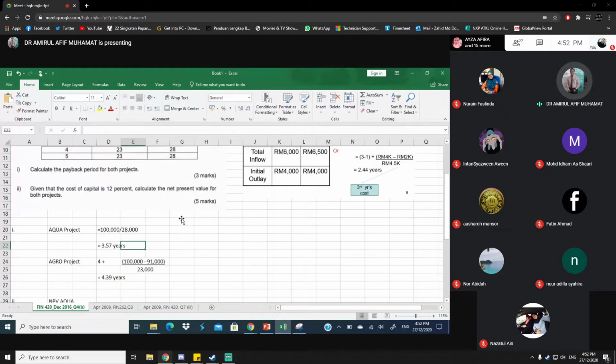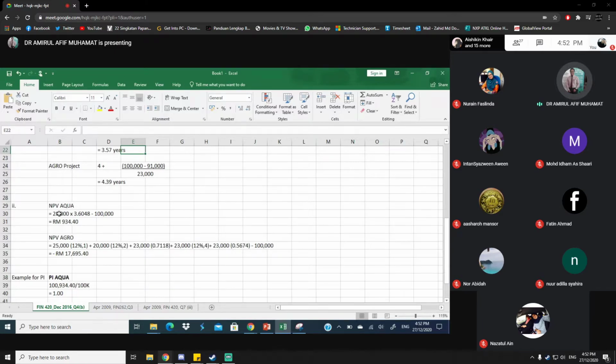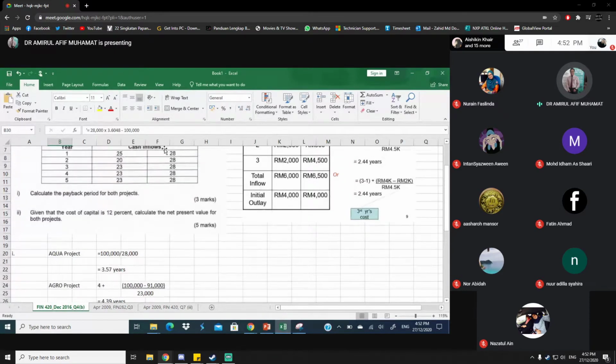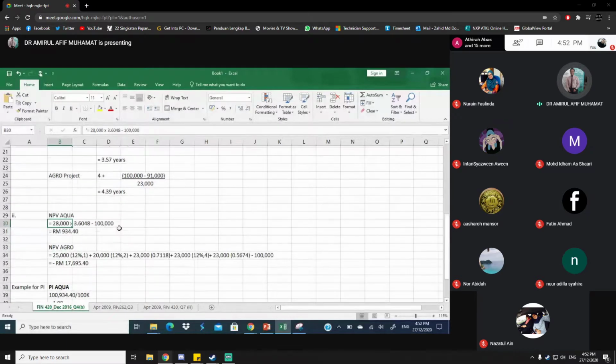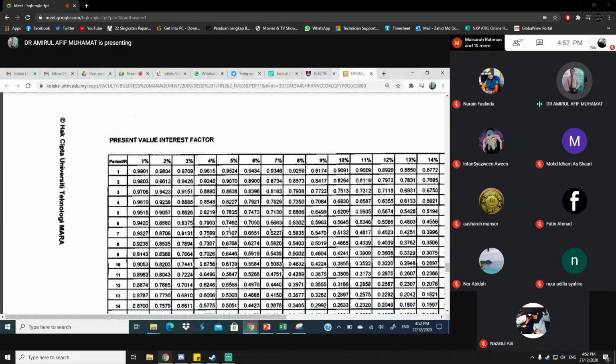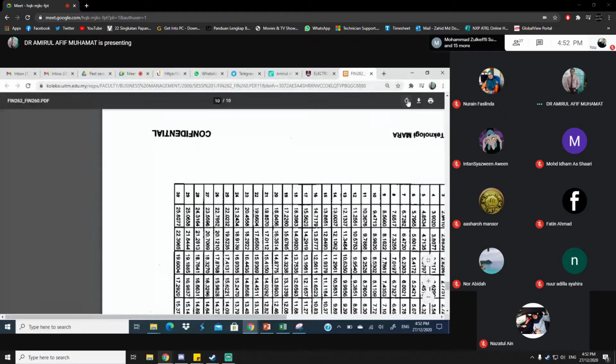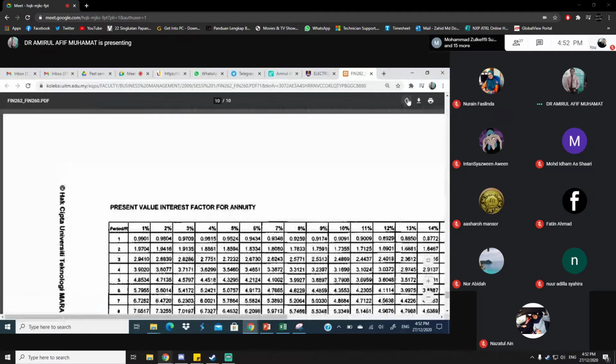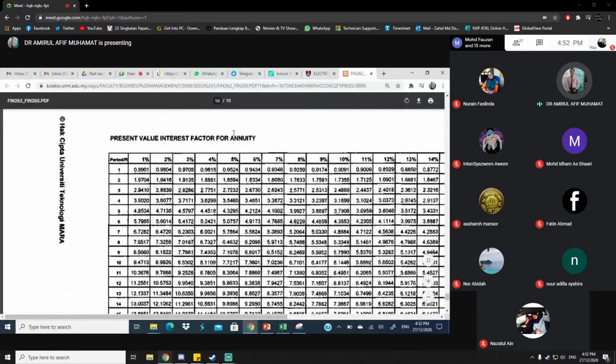So for Aqua, NPV Aqua, income is 28,000 times with what factor? 12%, 5 years, annuity. So go to the annuity table, 5 years, 12%. 5 years 12% is 3.6048.